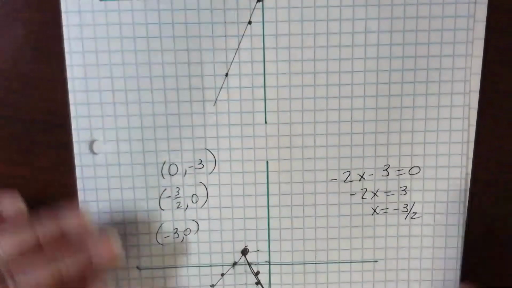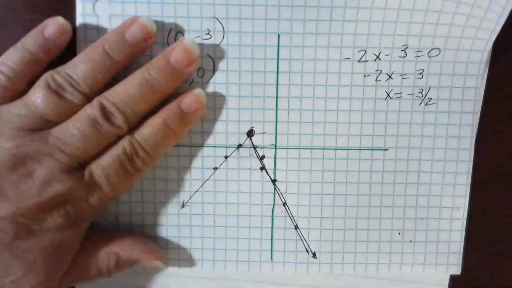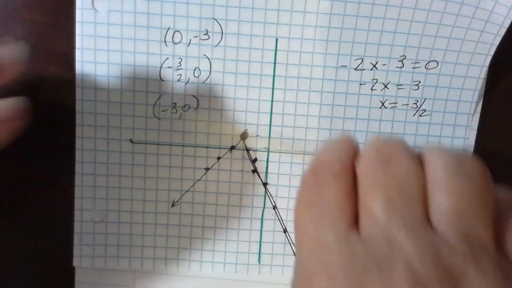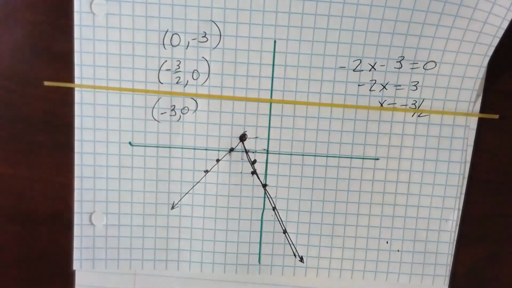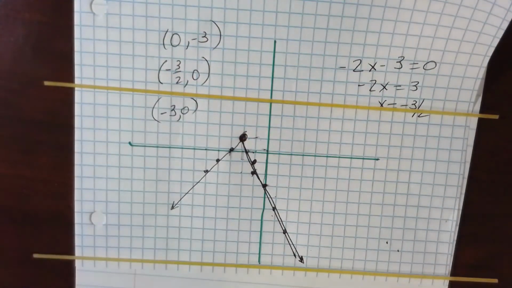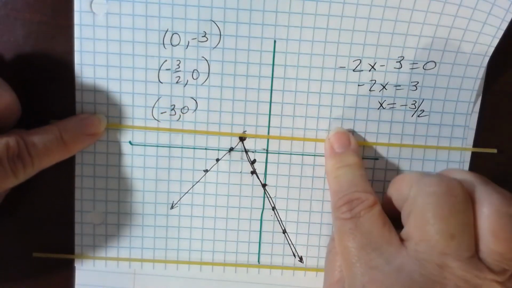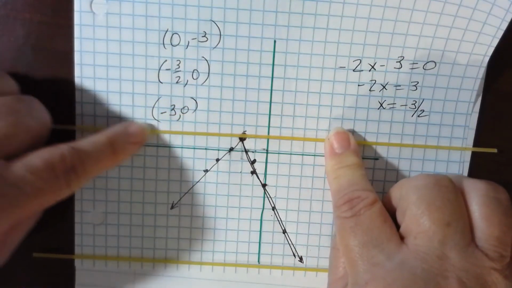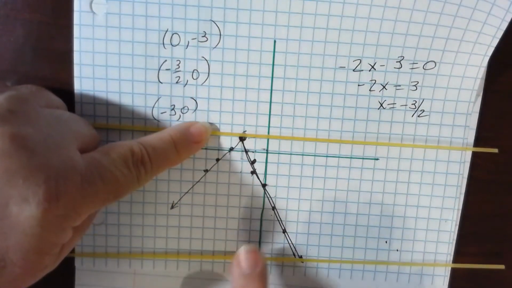All right, the last part is, what is the range? Okay, we want to know, can we box it in? Can we take our little pieces of spaghetti and box it in and say the y's come between here and here? All right, we'll see right there, there are no y values above that. Nothing above that. But see this part, this keeps on going.